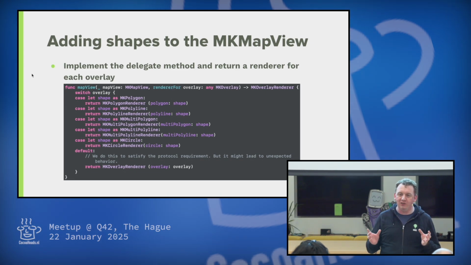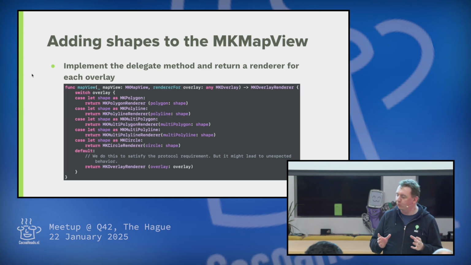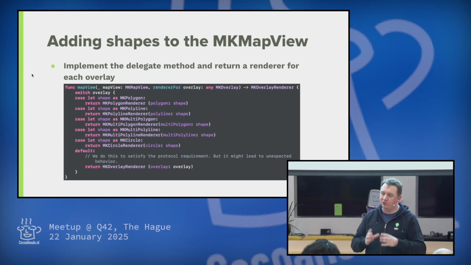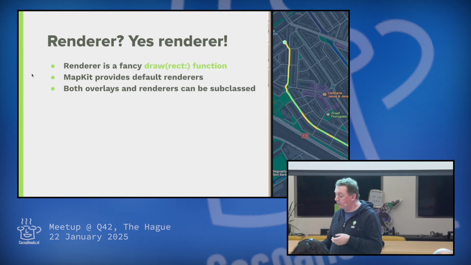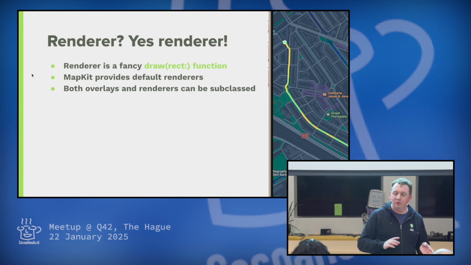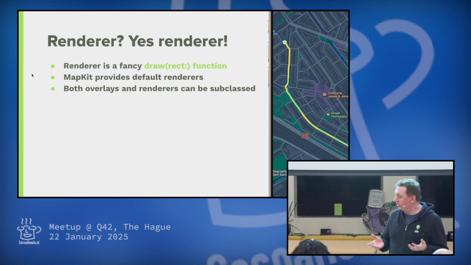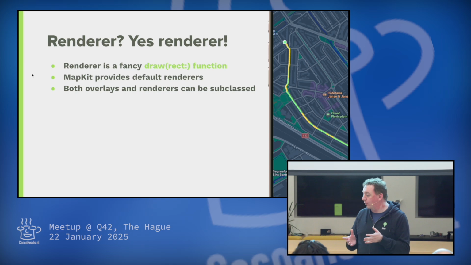So the entire building shape might be several polygons, but you just draw one MKMultiPolygon with all those polygons inside of it. They all have the same style, and you get great performance. That's adding the shapes to the MKMapView. But then we get to the renderer. And the renderer, some people might not directly know what it is.